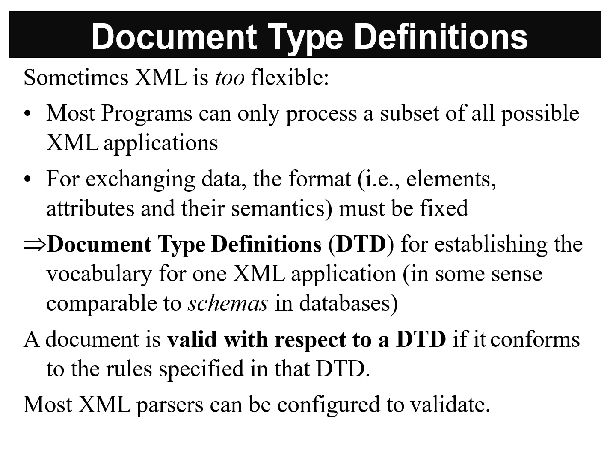A document type definition establishes the vocabulary for one XML application, in some sense comparable to schemas in databases. A document is valid with respect to a document type definition if it conforms to the rules specified in that document type definition. Most XML documents can be converted to be valid.